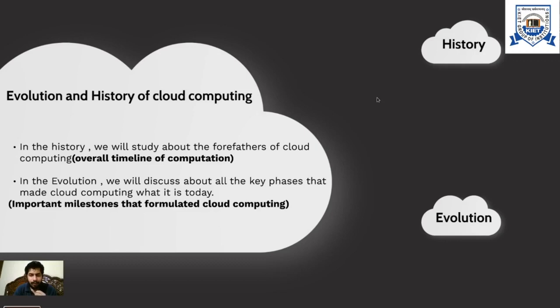So we'll start with the basic overall timeline of computation in the history of cloud computing, and then in the evolution we will discuss all the key phases that made cloud computing what it is today. Basically we will be discussing the important milestones that formulated cloud computing. So let's start with the history first.